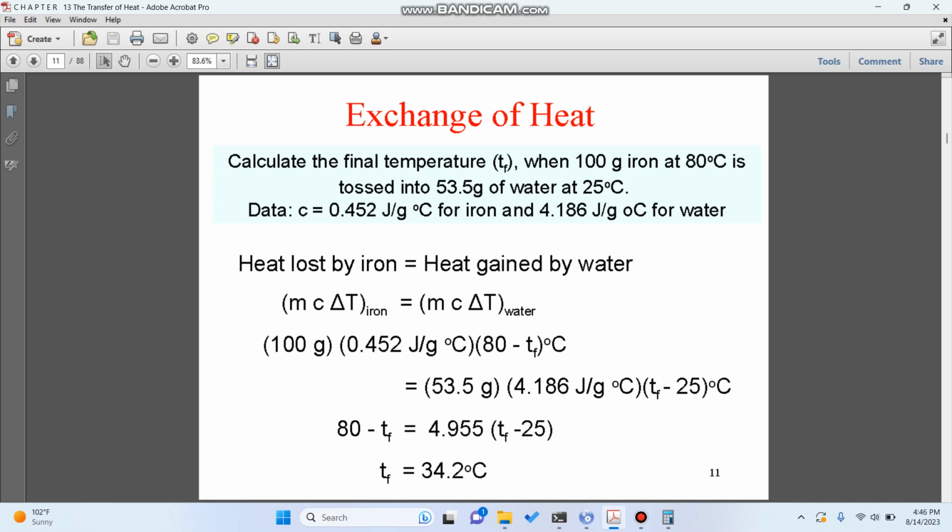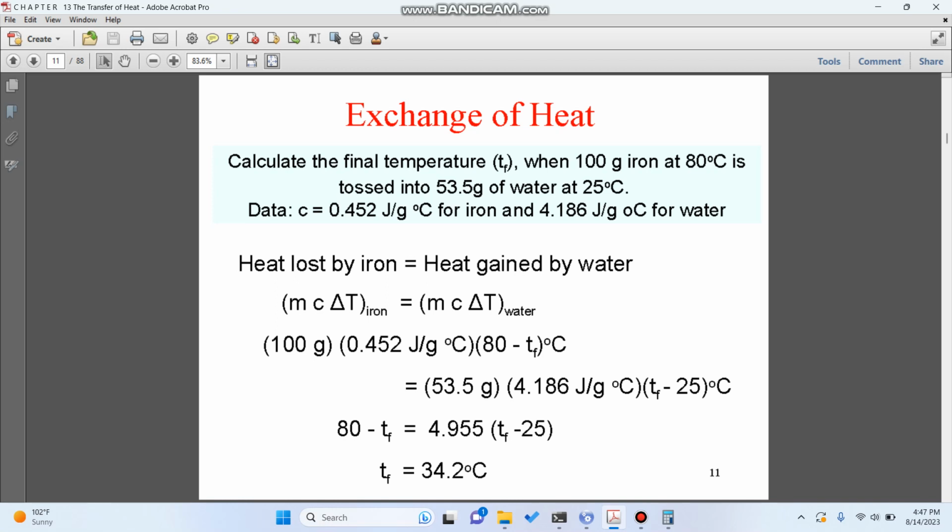As you know, if we put hot iron in cold water, the heat will definitely transfer from iron to the water. So heat lost by iron is equal to heat gained by water, which is mc delta T of iron equals mc delta T of water. Let us go with it.